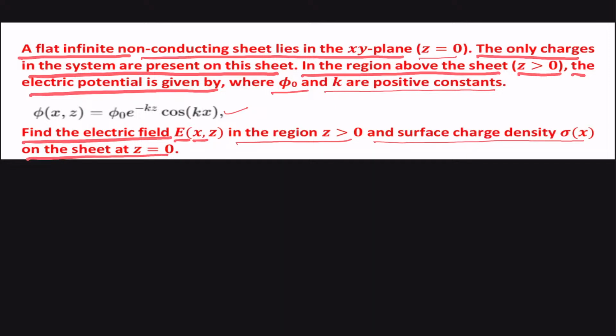Okay. So this is also similar to the previous one, the only difference is that here our potential is dependent upon x and it is also dependent upon z. That is the only difference. Okay.